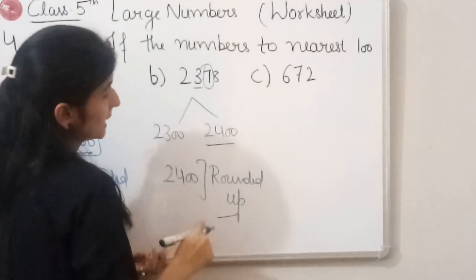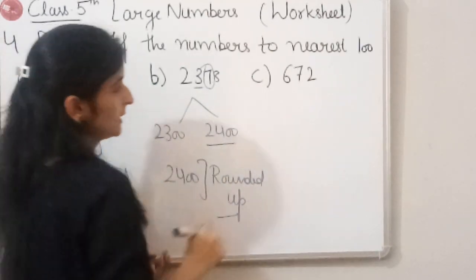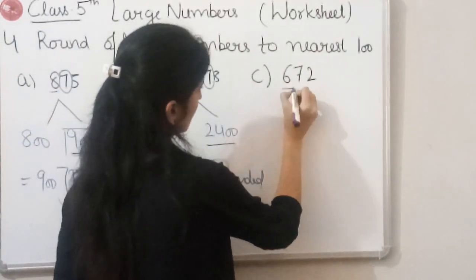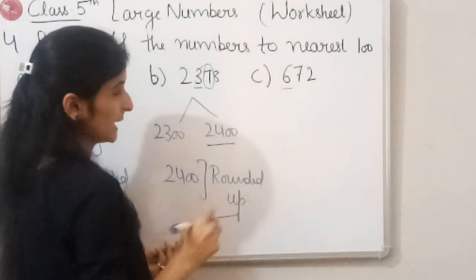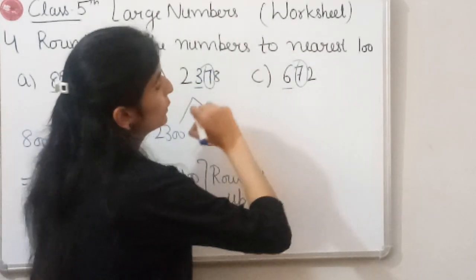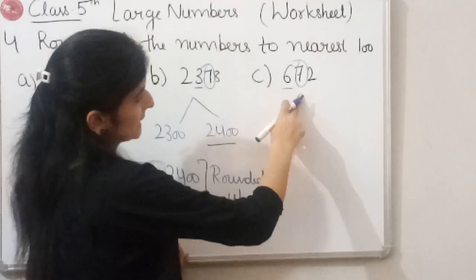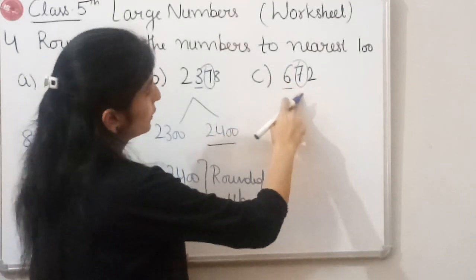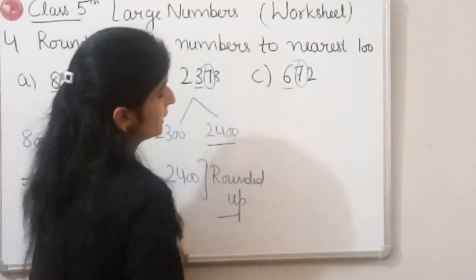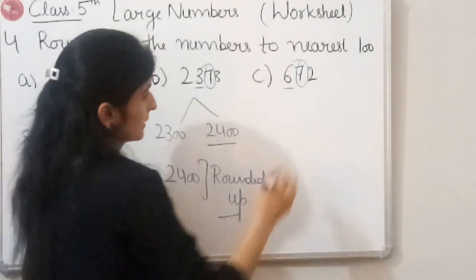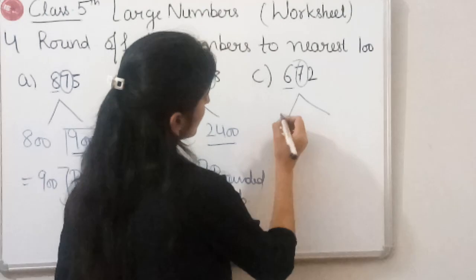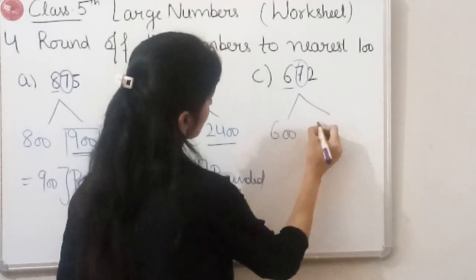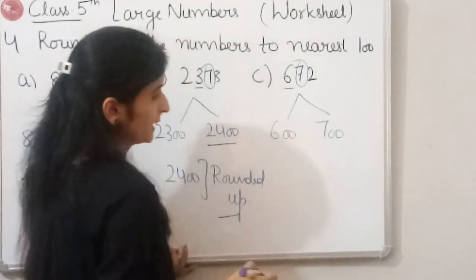Okay children. Likewise, again in C part we have to underline the digit which is on hundreds place, and we have to highlight the digit which is on its right. So now we should know where this lies. It lies in between 600 and 700.